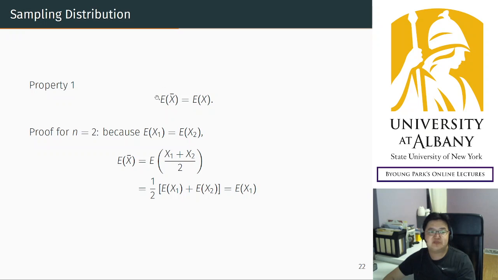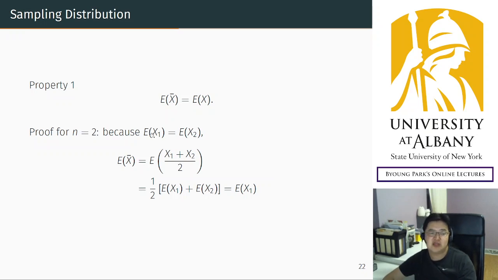And its proof is pretty simple, especially if I consider the case where the sample size equals 2. First, we know that the mean of the first observation and the second observation are the same because they must be from the same distribution.